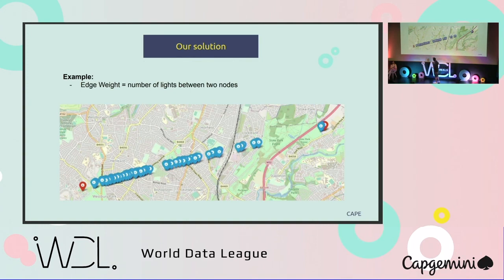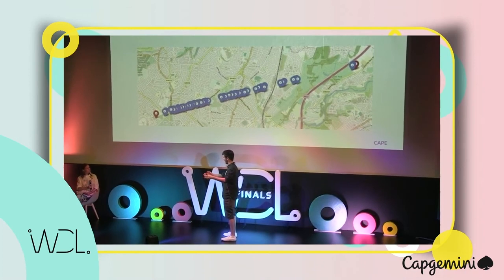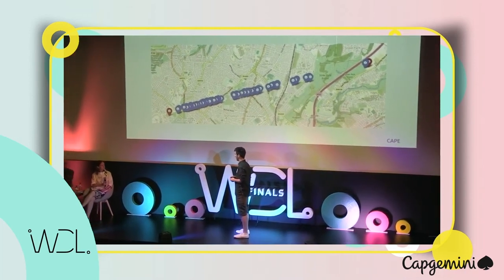For example, you could even look at the type of lights that you have, because maybe it's worth it to switch off specific types of lights, because they are less eco-friendly than others. And then you can prioritize those. So instead of having the number of lights between two nodes, you could have, for example, the types of lights, and then you quantify lights that are worse for the environment in a different way to the way you quantify lights that are better.